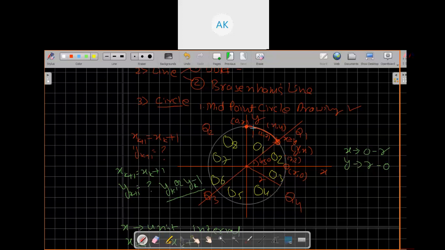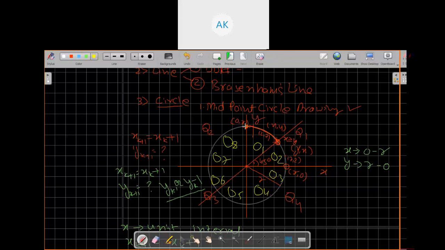We just calculate the values of the first octant, and the remaining values we will calculate using the symmetric property. I will explain this symmetric property in the next class when we discuss an example on this midpoint algorithm. So to find the initial decision parameter and next decision parameter, just follow the first octant.